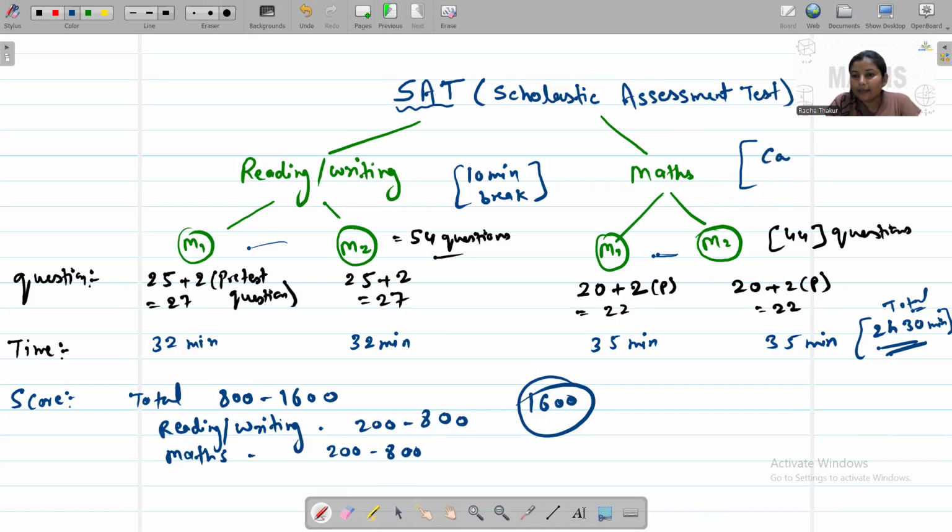So you can get a calculator for both of the modules in maths, right? And also a reference formula sheet, where all the formulas like volume, circle, area, everything is mentioned, right? So you may get a reference formula sheet for the math section as well.